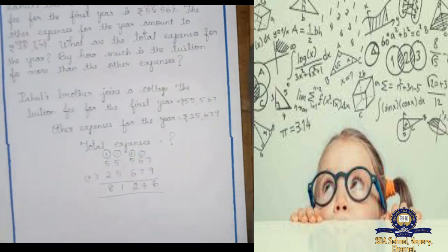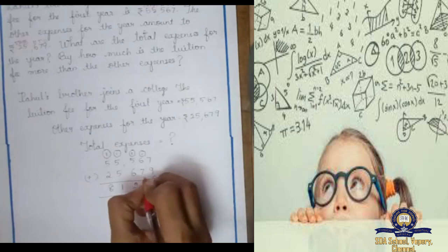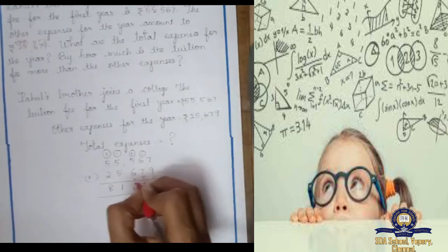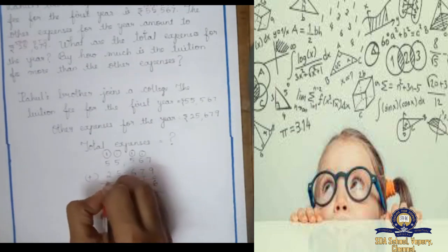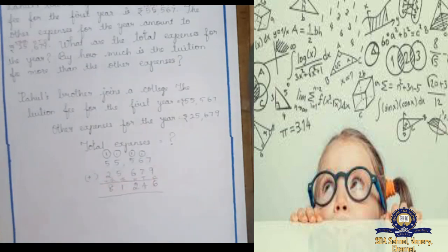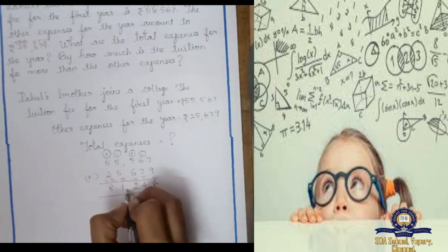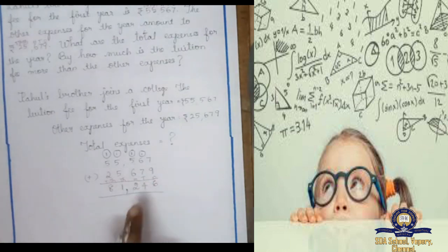So now we can write the place value. Ones, tens, 100,000 and 10,000. So how we'll put the commas? 81,246.